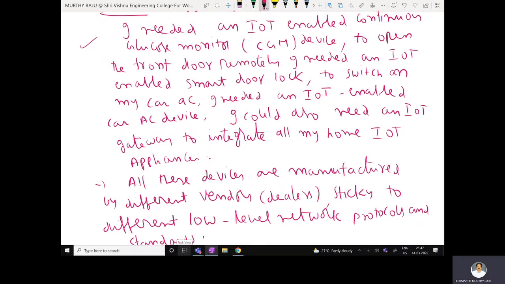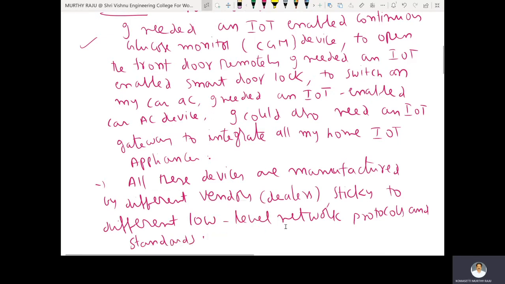As a consequence, all these devices have separate apps, or some of them are grouped based on the vendors.